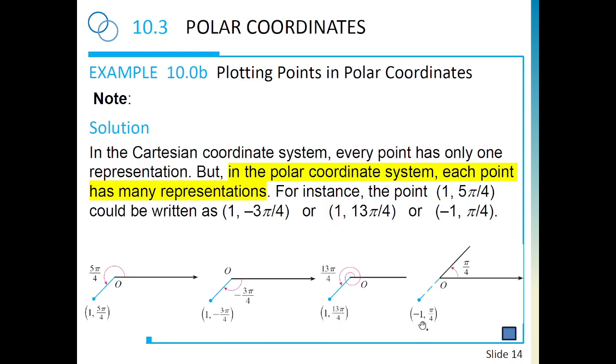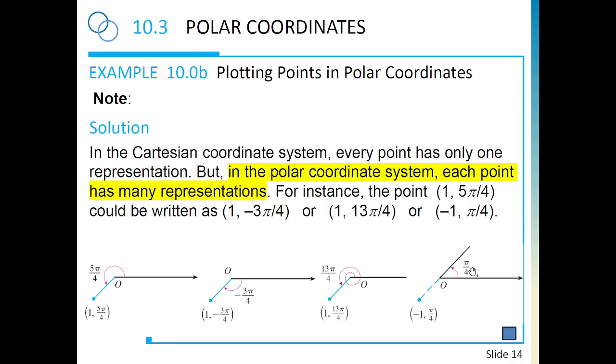Here what happened, we changed r. Here we are in the third quadrant. If I change r, if I have negative, I'll have reflection through the origin. So I'm here in the third quadrant and I need to go to the first. Now I need the angle.